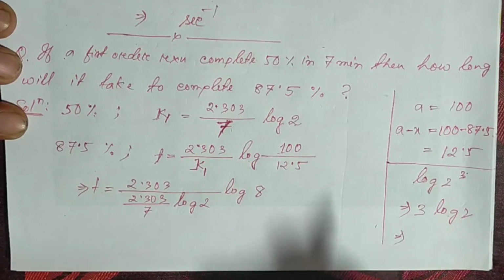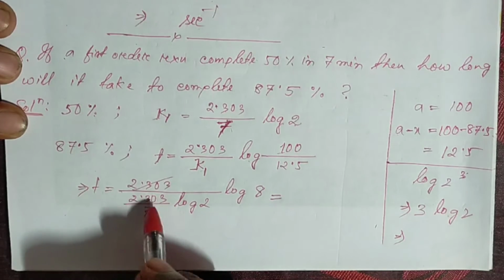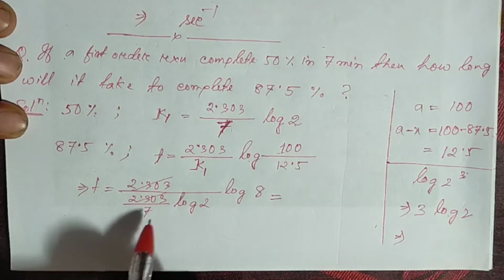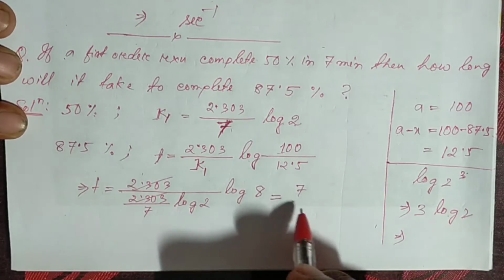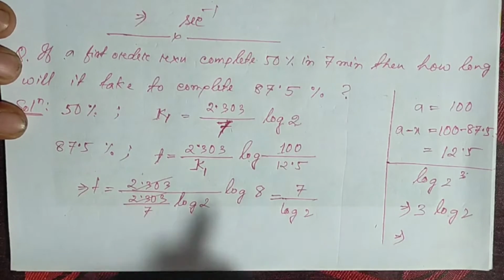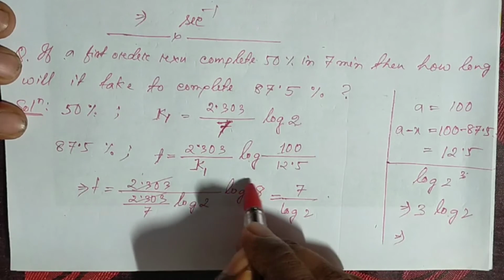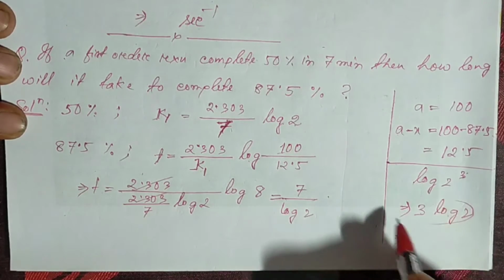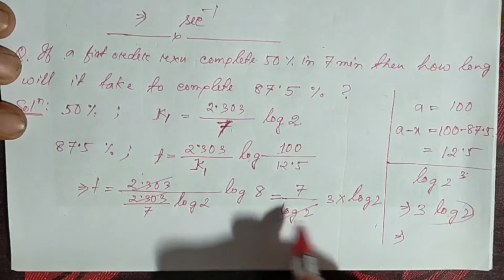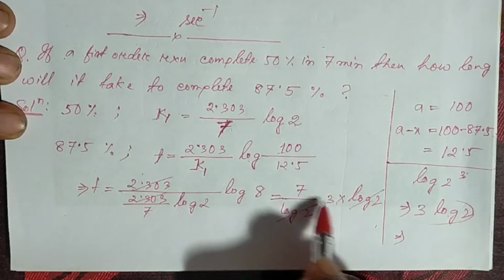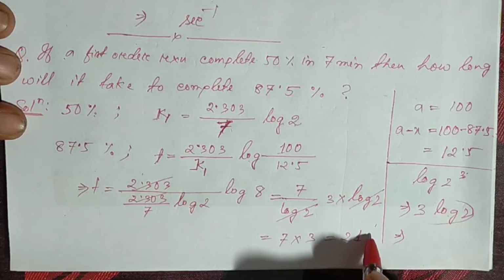So instead of log 8 we can write 3 into log 2. The 2.303 will cut off, log 2 will cut off, and there will be only 7 into 3, so it will be 21 minutes.